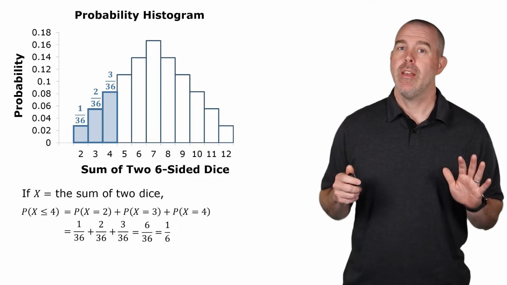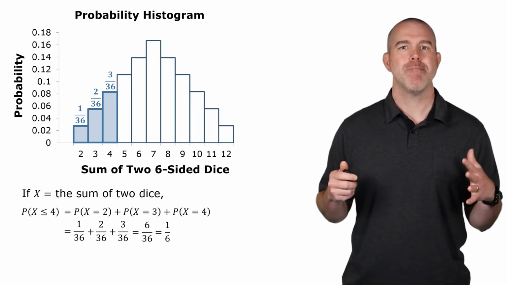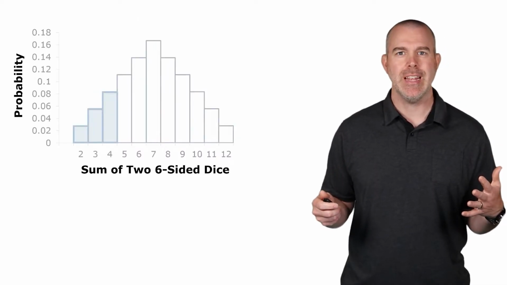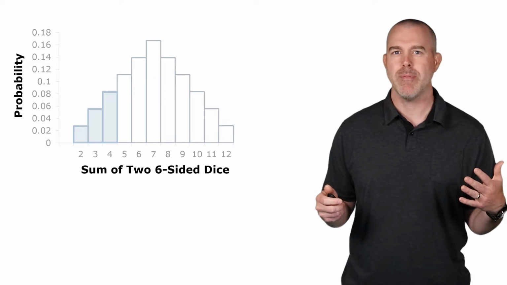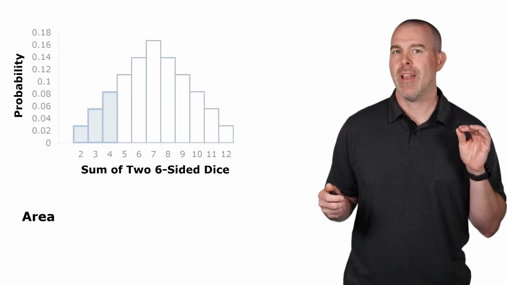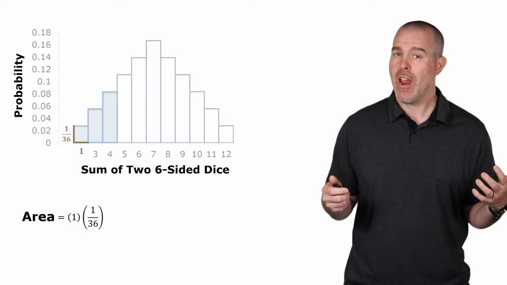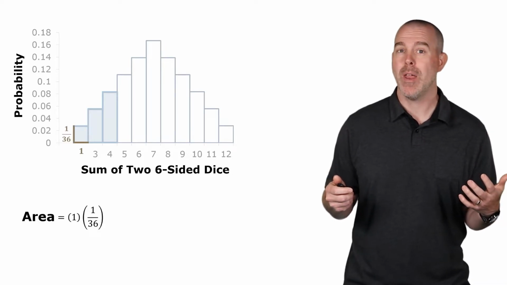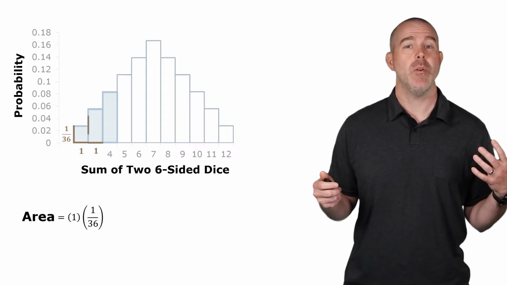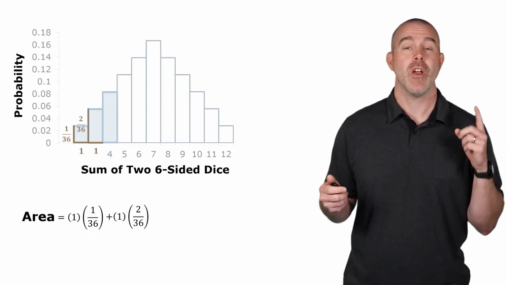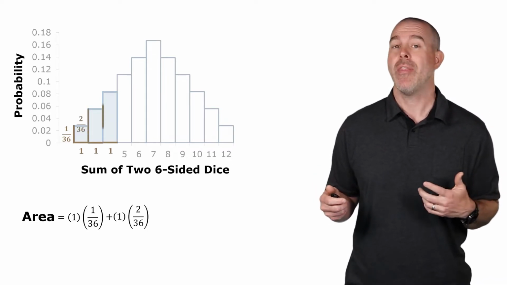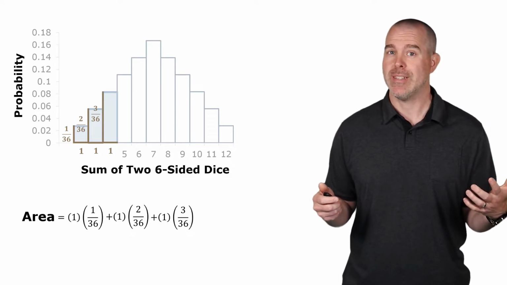Okay, now we're going to dive a little bit deeper and look at this a little bit differently. Instead of just adding the probabilities, what if we focus on the areas? So add up that first area, that first rectangle. It's 1 by 1/36. Second one is 1 by 2/36, and the third one is 1 by 3/36.